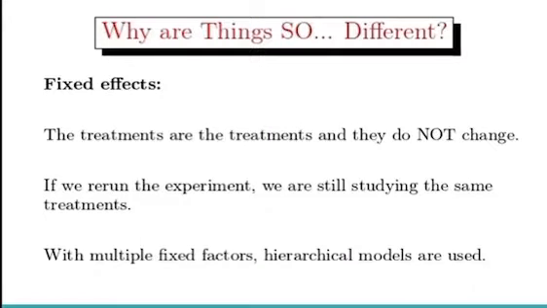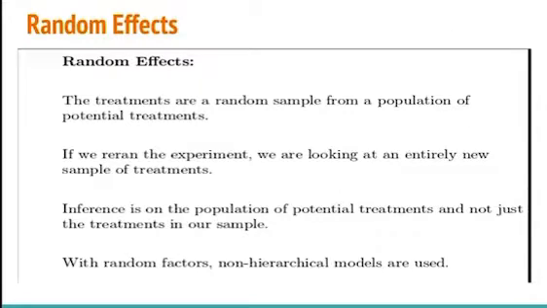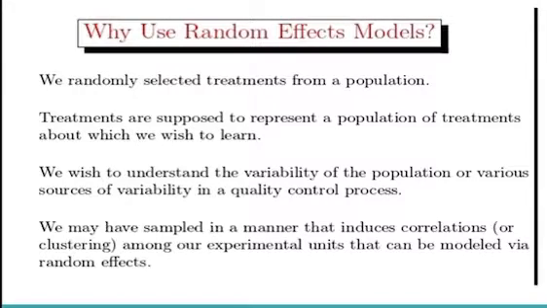Now, I think I've just talked about all that. I've shown you the reason why we actually use the random effect. Now, take a look at it. Why use a random effect model? When you randomly select treatments from a population. If you don't randomly select treatments, and when I say treatment, of course, I mean factor levels. Does that make sense?